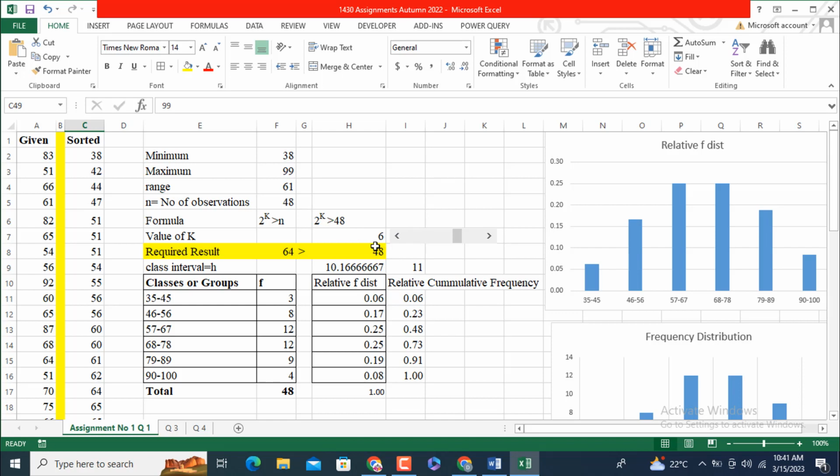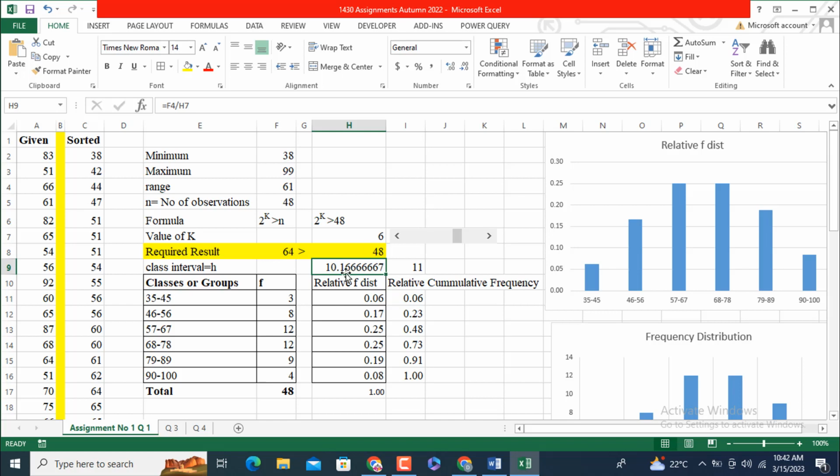Now we need to find the class interval on the basis of which we construct the 6 classes or groups. So how will we find this class interval? By dividing the range by the number of required classes, which is equal to 6.